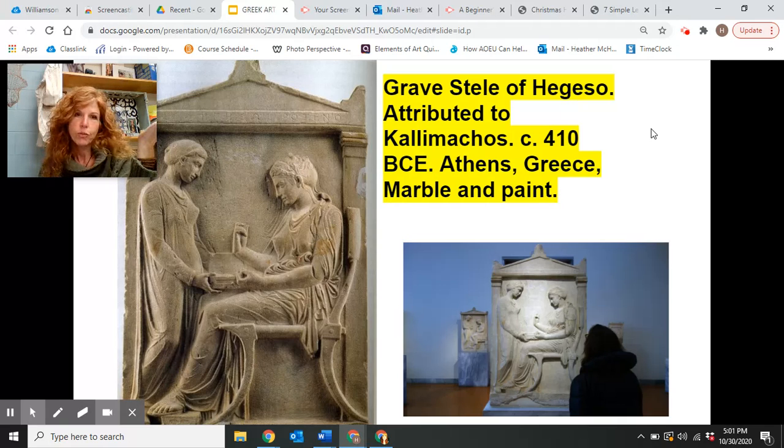So 2,500 years later, the paint has worn off, of course. But it really tells us a lot about ancient Athenian domestic life. It was attributed to Kallimachos, which I think is kind of a fun word to say. He was the sculptor, made of marble, made to reflect kind of a structure.